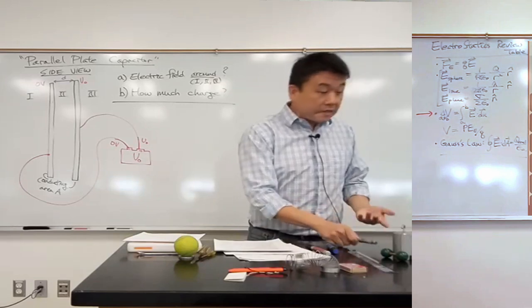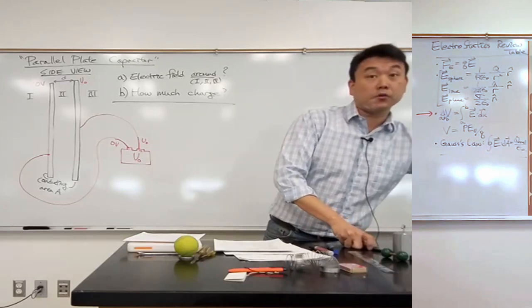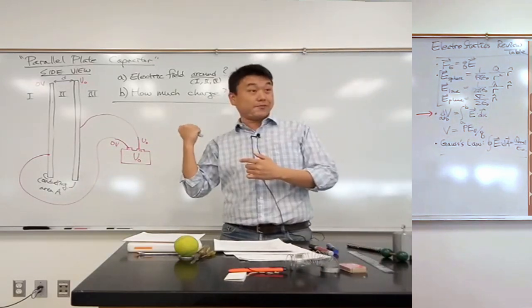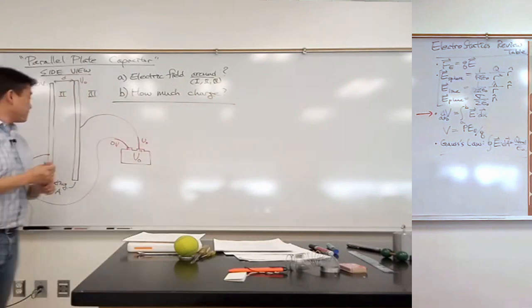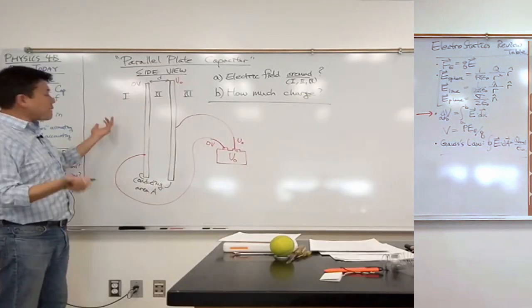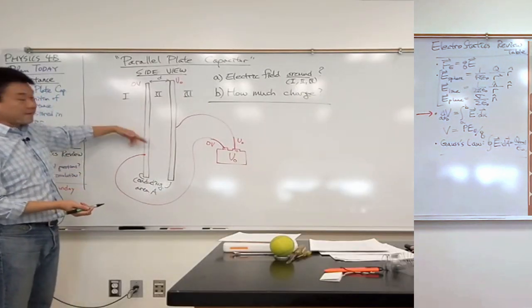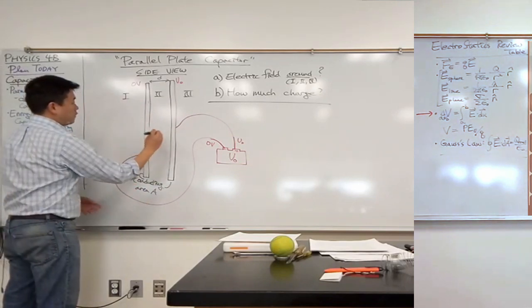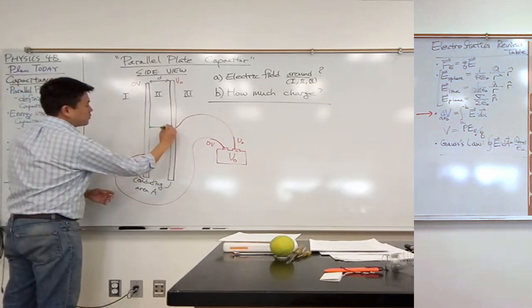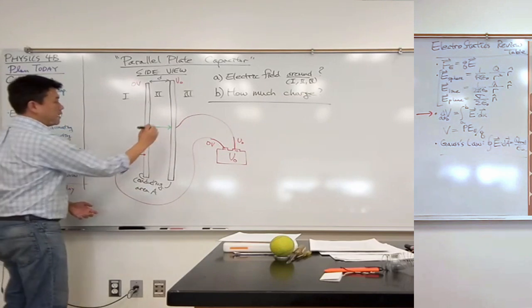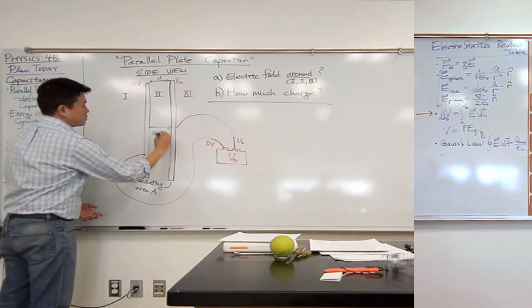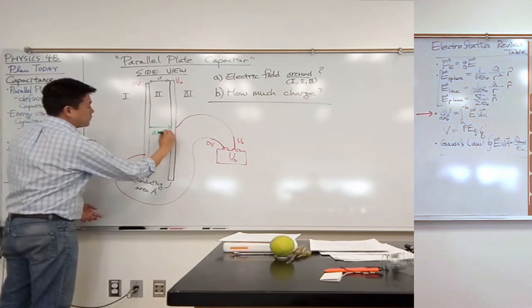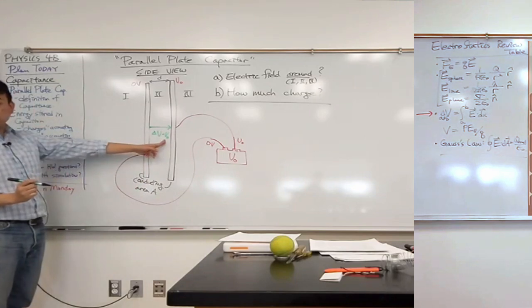Once you realize how to approach this question, it's actually a really simple question. Let me imagine a path somewhere in the middle so that I don't have to worry about any complications. Going from this point to this point here, my change in voltage is V naught. It's increasing by V naught.